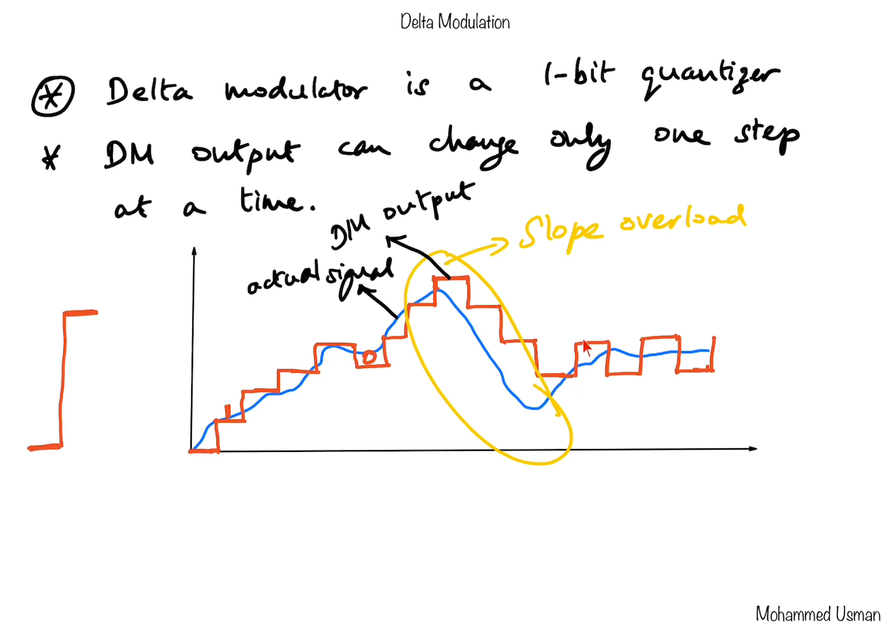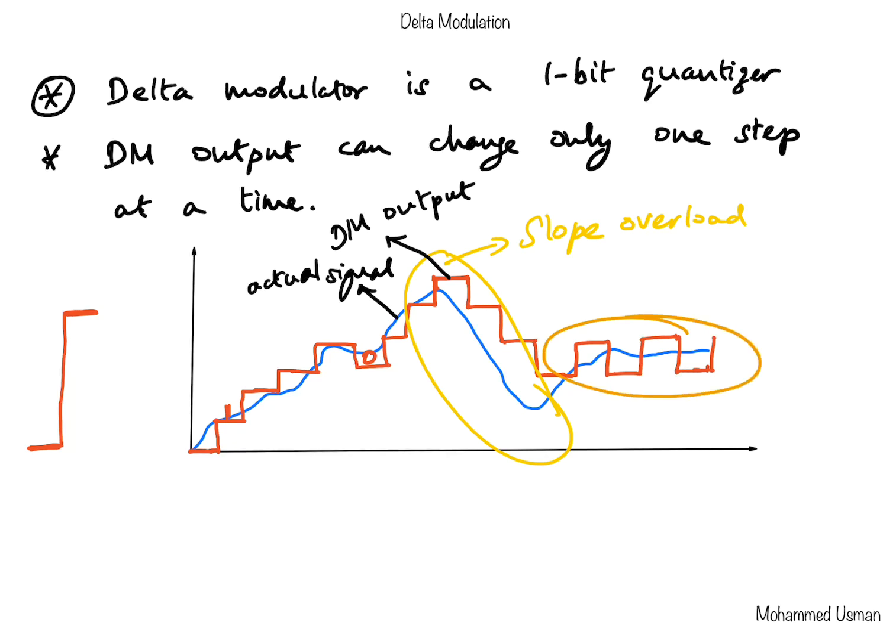It's going from this level to the upper level, coming back to the lower level, going back to the upper level, and so on. This feature in delta modulation is called granular noise, where it is oscillating between two levels, and that happens when the slope of the signal is small.